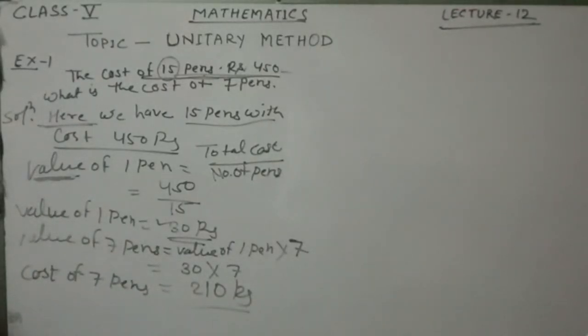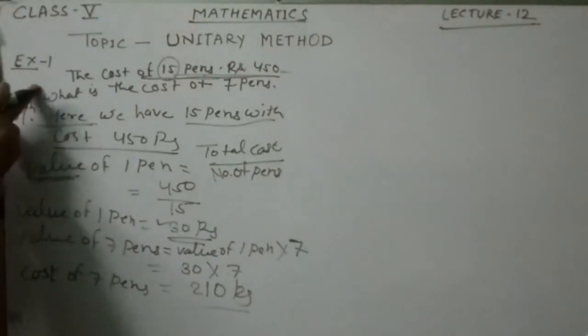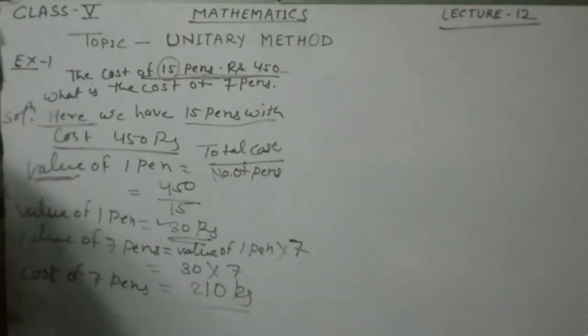So in this question we see, first we find, here the cost of 15 pens is given, and what we did here, first we find the cost of one pen. After getting the cost of one pen, we find the cost of 7 pens by multiplying.